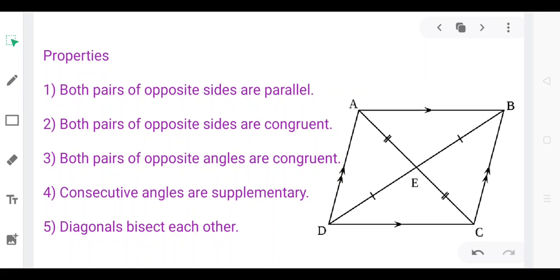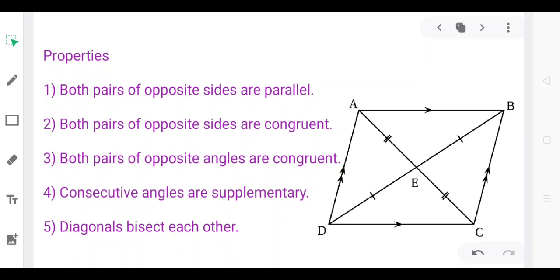Next property, diagonals bisect each other. Here in the figure you may observe the diagonals AC and BD, and they bisect each other. Now what do we mean by bisection of diagonals? Here the point at which these diagonals touch or intersect each other is point E, at which the length of AE is equal to EC and DE is equal to EB.